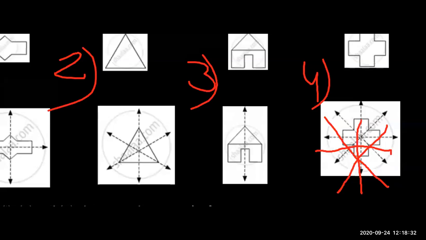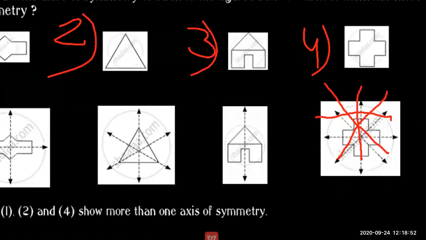So what you will do is make lines, make an axis on that figure, and then you will write the answer: figures 1, 2 and 4 show more than one axis of symmetry.